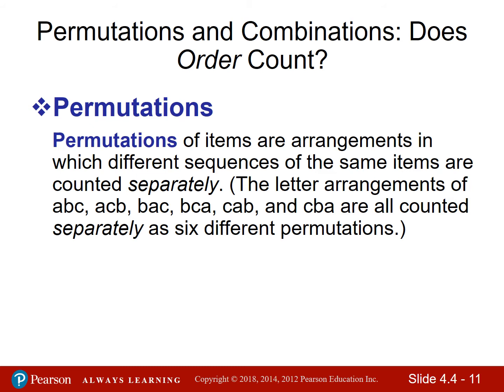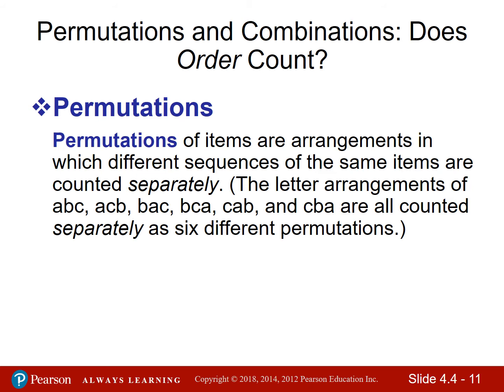So for instance, if you have the letters ABC, there are different ways to arrange them. ABC is one way, ACB is another way, BAC is another way, BCA, CAB, and CBA are all counted separately as 6 different permutations, right?